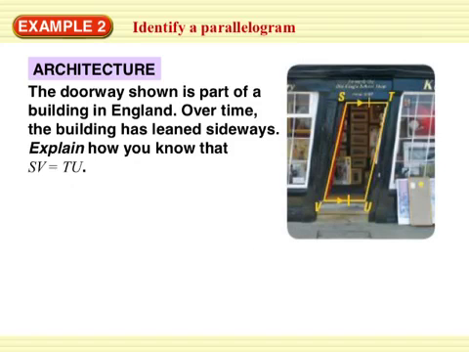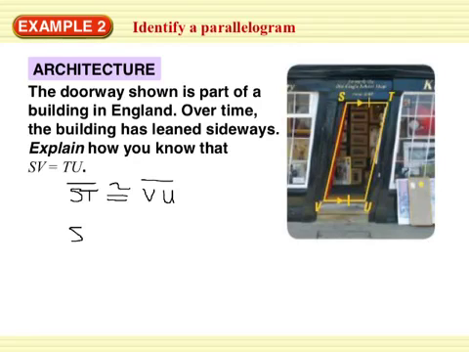Let's try an example. The doorway shown is part of a building in England. Over time, the building has leaned sideways. Explain how you know that SV is equal to TU. Okay, we know that ST is congruent to VU because they're marked.